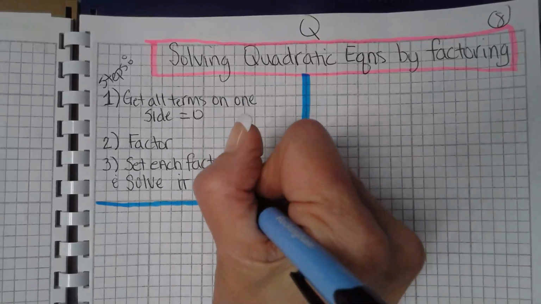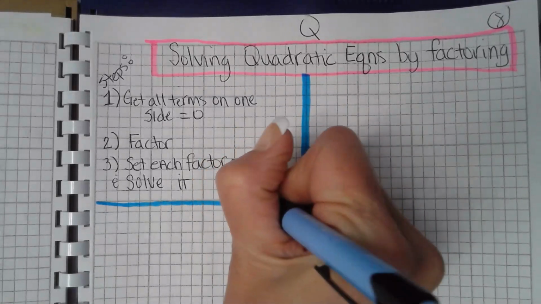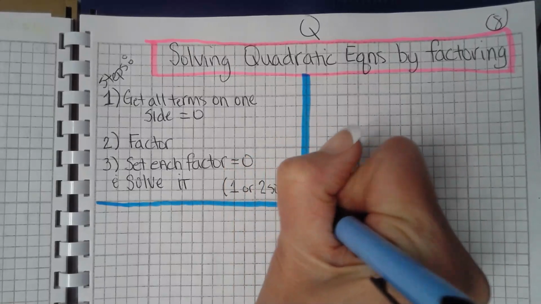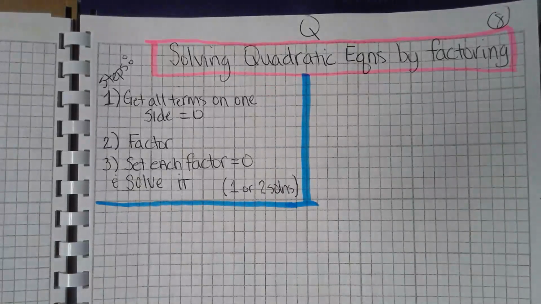Just so you know, you will get either 1 or 2 solutions. If you remember, we discussed your x-intercepts, and I kept saying, how many x-intercepts can you have with a quadratic? And y'all would say 2. Well, you can have 2 solutions. And you're going to see the connection here soon. Okay?